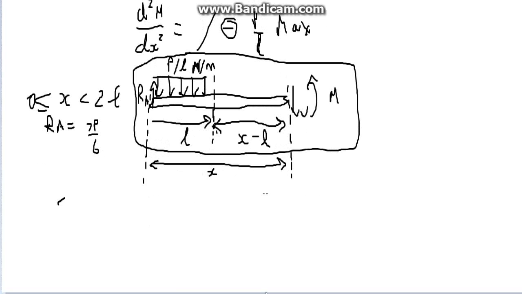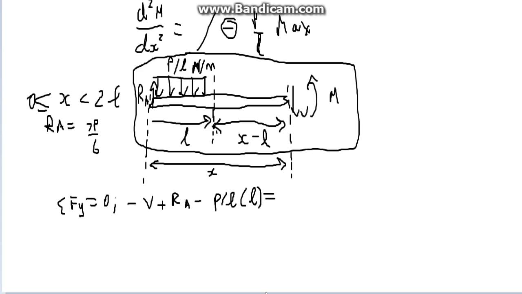So quickly moving on, sum of forces in the y direction equals 0. Okay, so therefore that's telling us that negative v plus ra subtract p on l multiplied by the l distance to get rid of the newtons per meter.